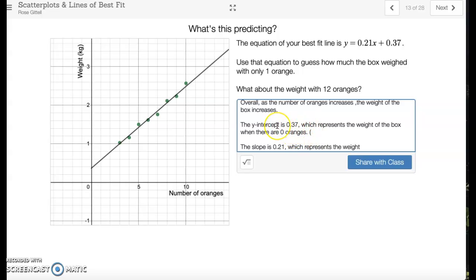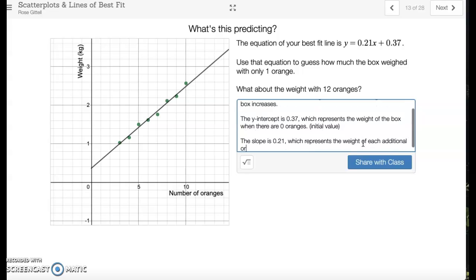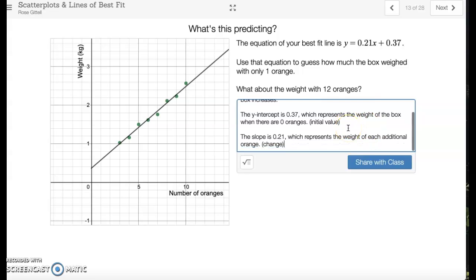So the y-intercept always represents some initial value, and the slope represents some type of change. So it's going to be the weight of each additional orange. Some type of change.